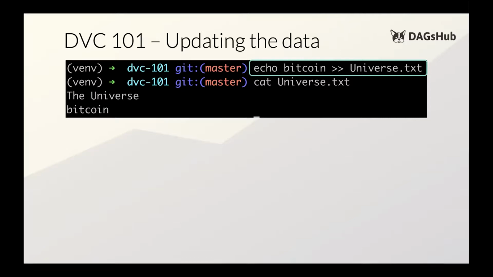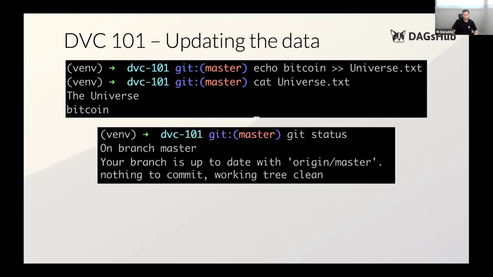Okay, because Git right now is going to a pointer. So right, first we need to update the pointer that is updated by DVC. Exactly. So if I run git status, I'm not going to see any changes to my file, right? We're going to be up to date because we basically didn't modify any file that is tracked by Git.